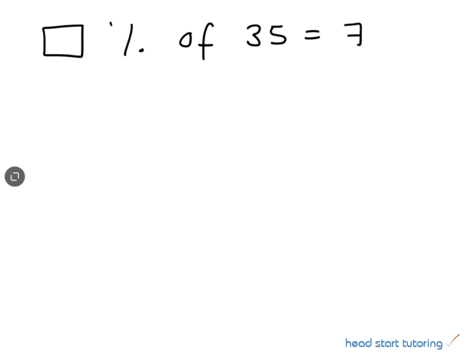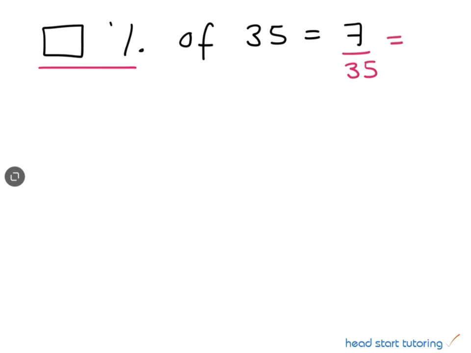What percentage of 35 is equal to 7? All we need to do here is work out 7 over 35 firstly as a decimal, and then multiply our decimal by 100, and then we will get our percentage. So 7 over 35, we have got a fraction that can be simplified.